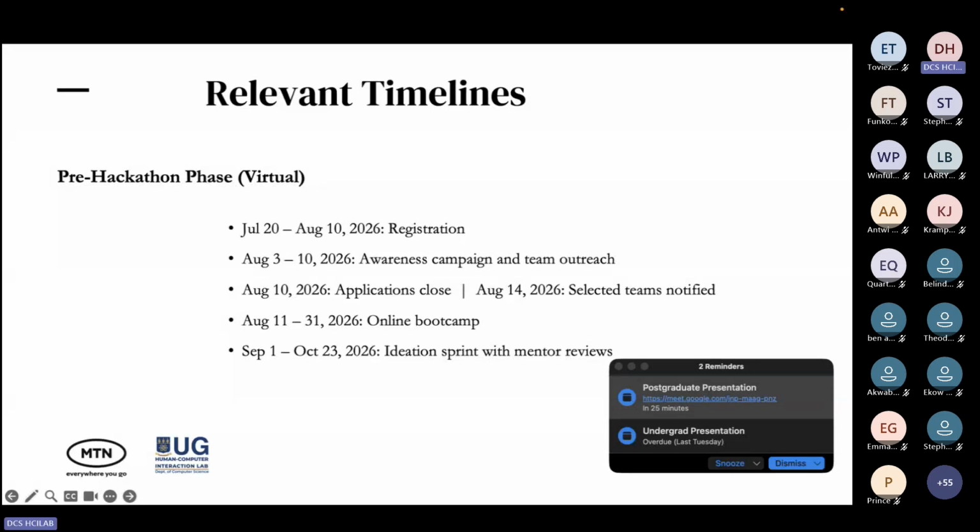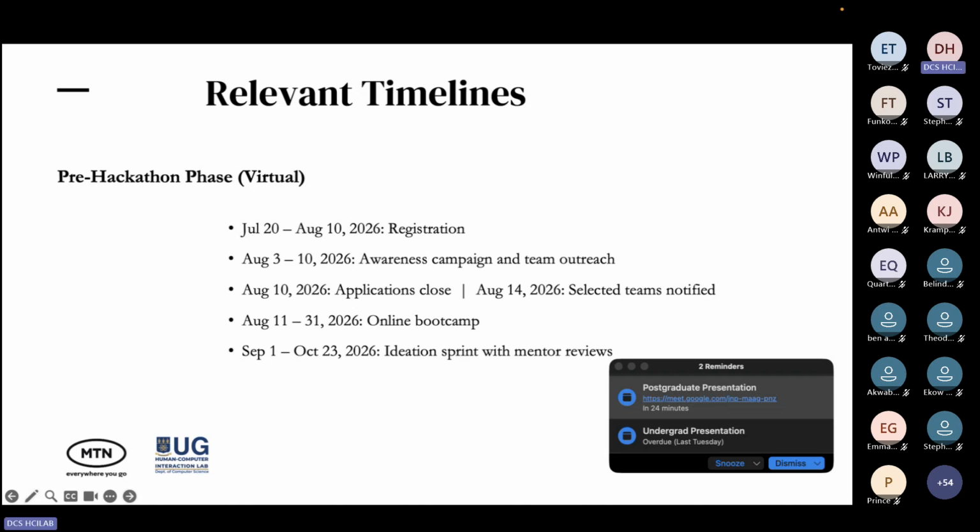Then at the end of the boot camp, teams will be expected to make another submission. Details of what is expected at that phase will be made available to you when we get there. That would be the second screening phase, since the first is actually the registration screening.